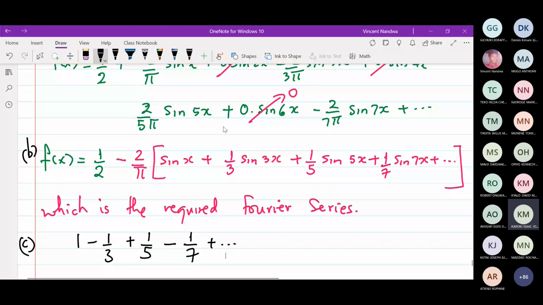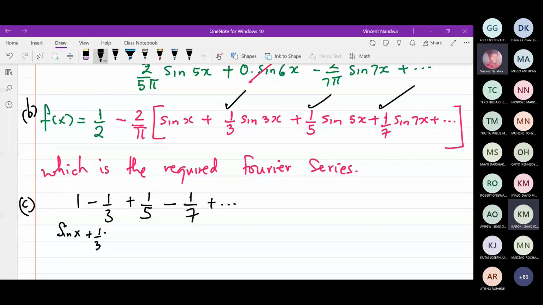Remember this series is sine of x, and then you have a third sine 3x, and then we have a fifth sine 5x, and then we have 1/7 sine 7x plus other terms.